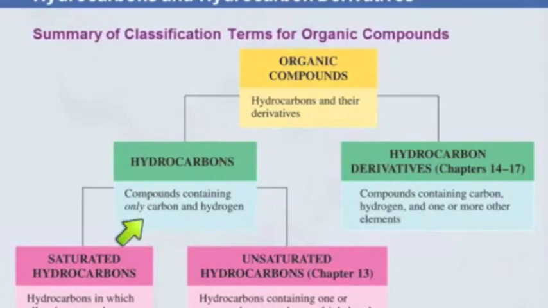Hydrocarbons have only carbon and hydrogen, and these are divided into saturated hydrocarbons, which have single bonds, and the unsaturated ones, where they have multiple bonds. Multiple bonds meaning not more than one single bond, but double, triple bonds, things like that.